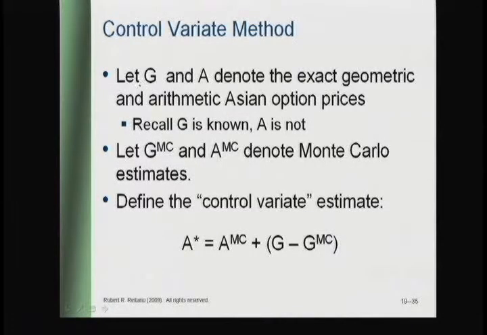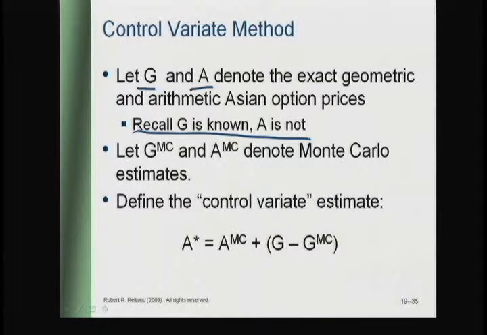Now, if we denote by G and A the exact value of those options, G is known, A is not. I mentioned that there are exact formulas for geometric Asian options. There are not for arithmetic Asian options.